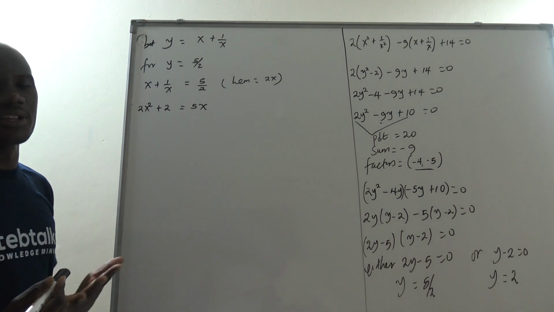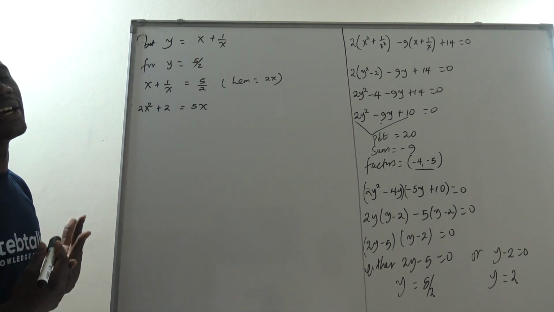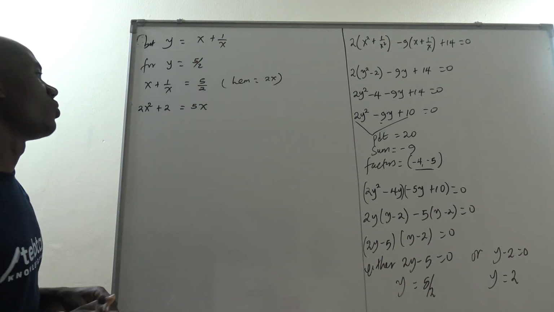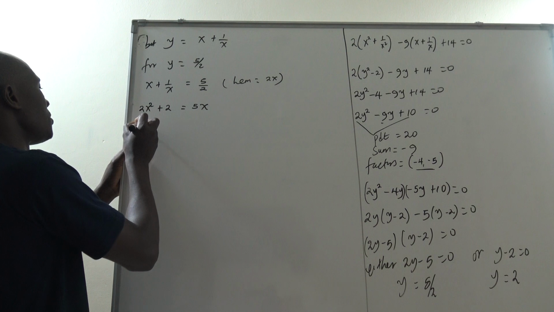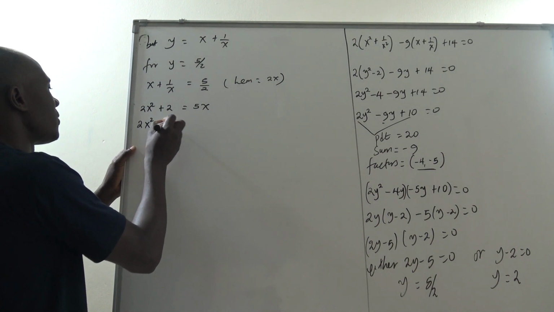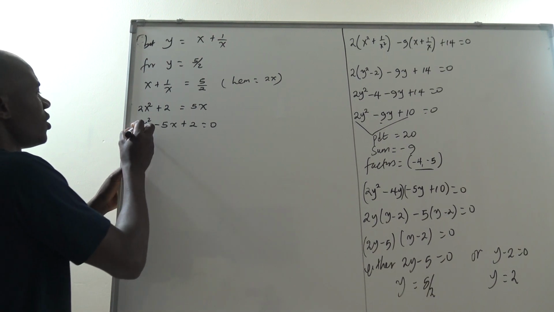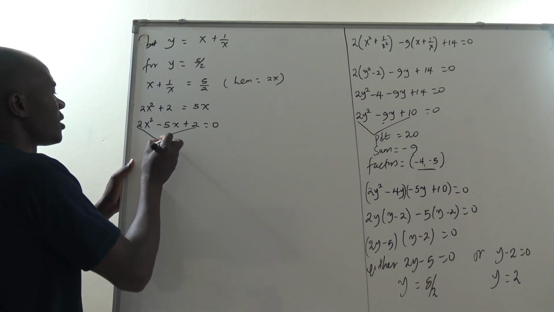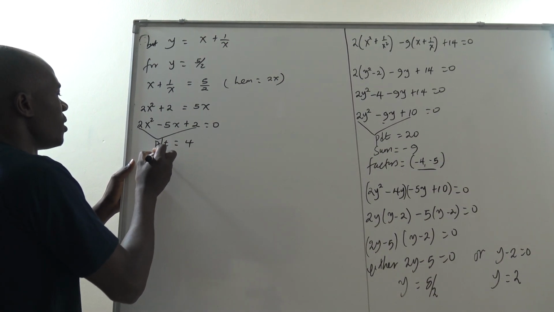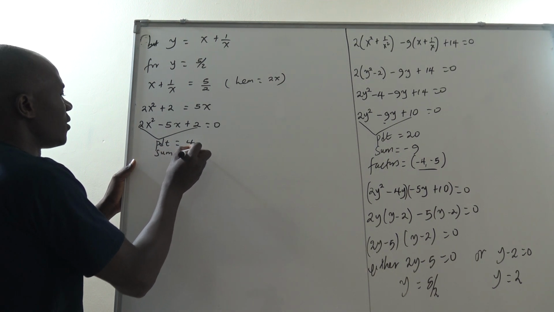So can we rearrange our equation to be in the form ax squared plus bx plus c equals 0? So we have 2x squared minus 5x plus 2 equals 0. We again look at the product. Our product is 4 and our sum is -5.